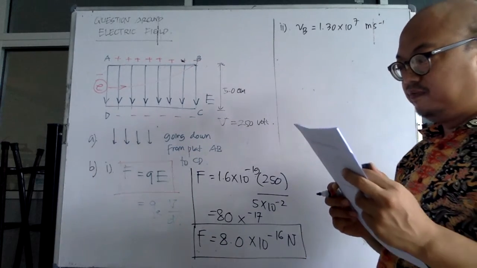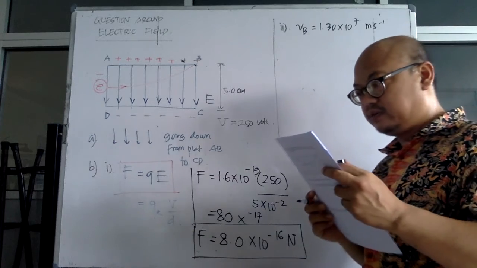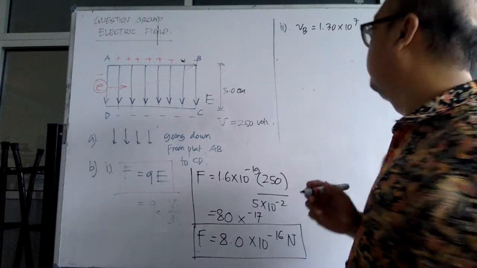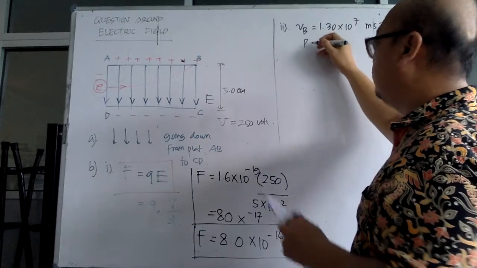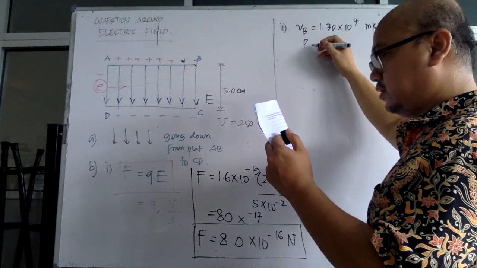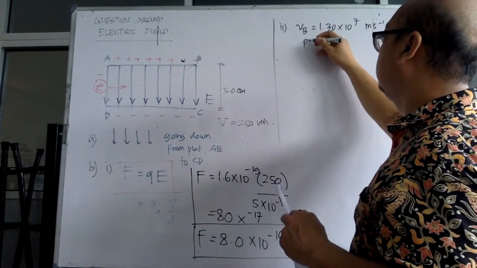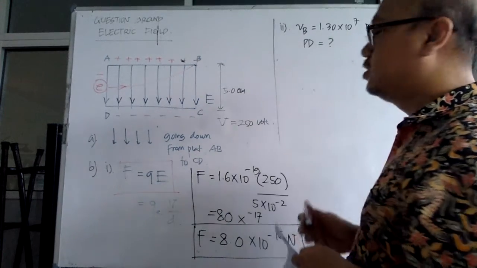Calculate the potential difference required to accelerate an electron from rest to this speed. How much is the potential difference?